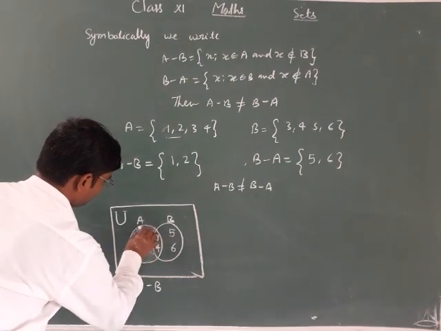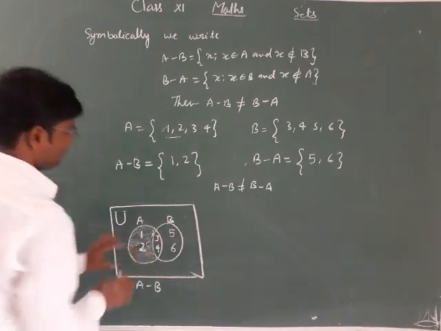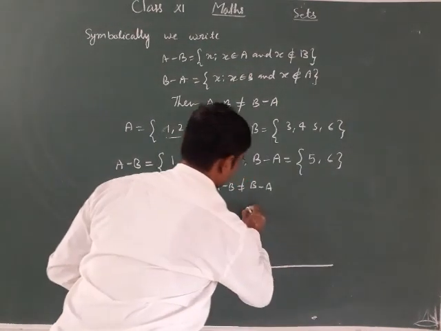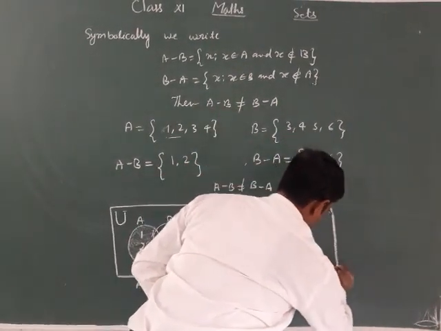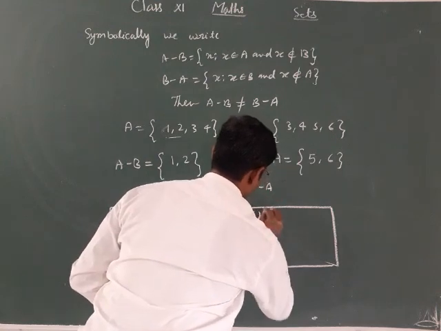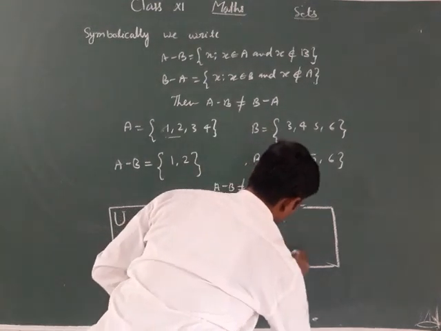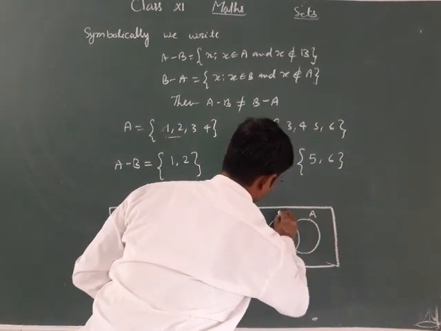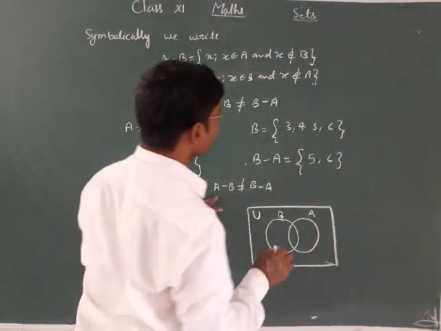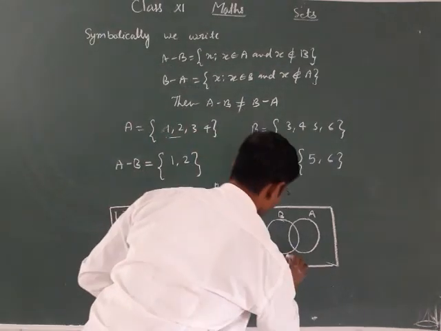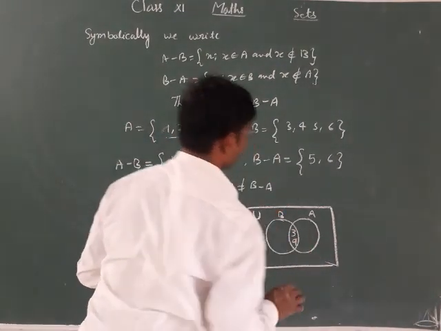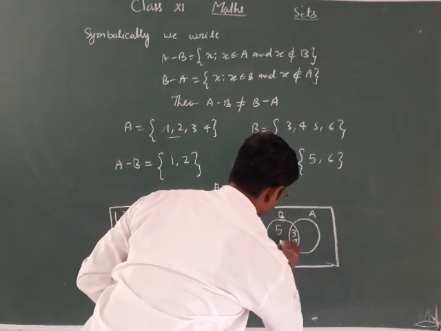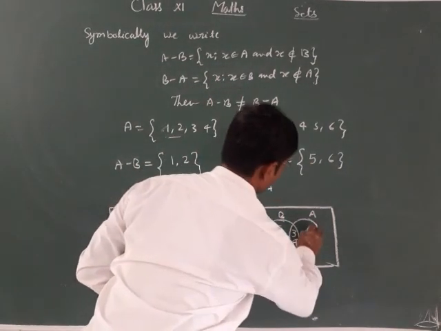This shaded portion is called A minus B. And for the other set, represent U and set B intersection A. The common part is the same, 3, 4, and 5, 6 in this, and 1, 2.